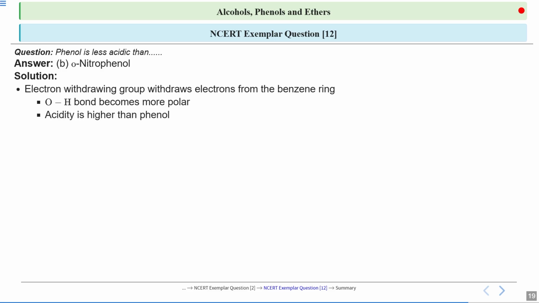That means the partial charge distribution, delta negative and delta positive, between the oxygen and hydrogen becomes more. So acidity is higher than phenol.